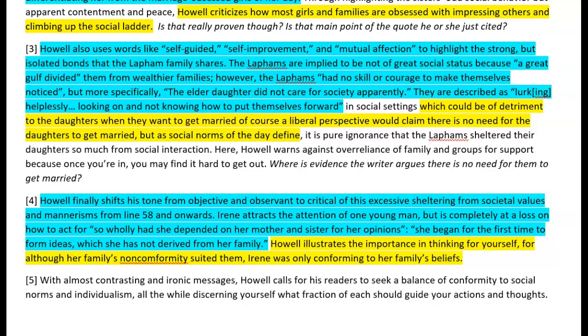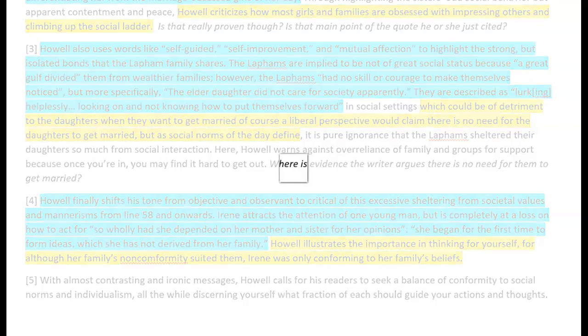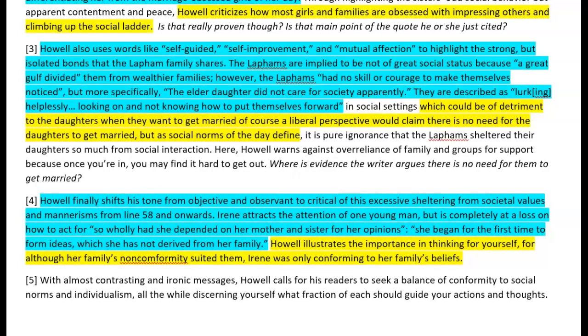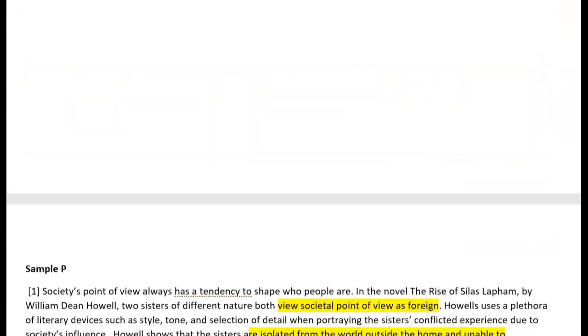Although the family's nonconformity suited him, Irene was only conforming to her family's beliefs. This kid is half right and half wrong. So what they did is do a 1-3-0 on this one because there was so much textual evidence, but because the analysis doesn't seem connected to the evidence, the kid did not get the sophistication point.